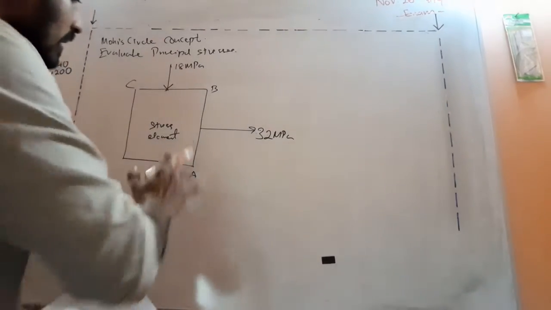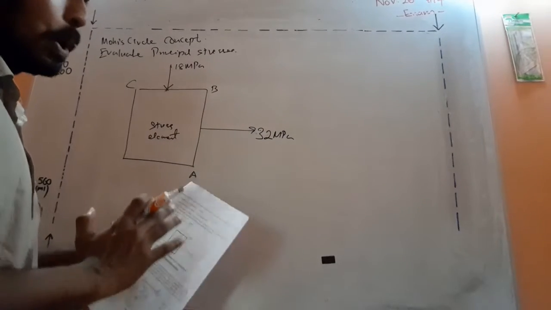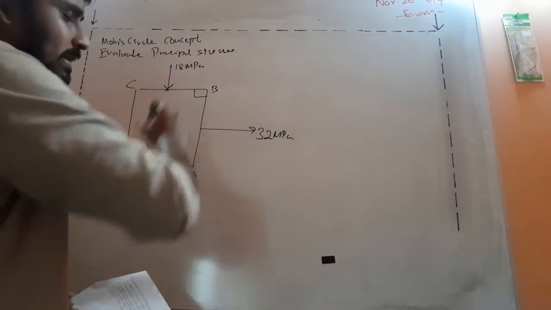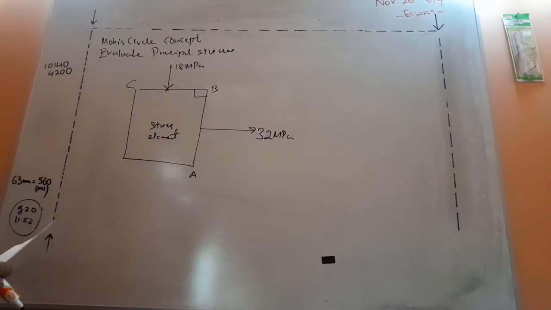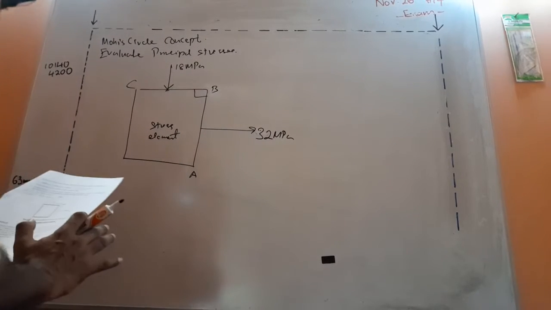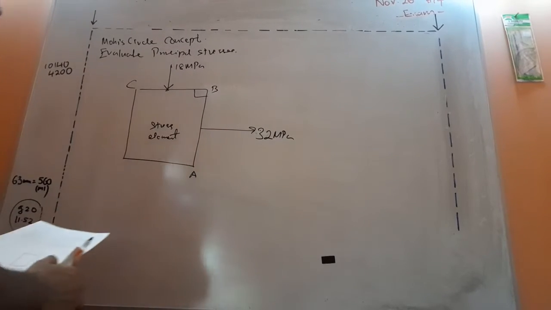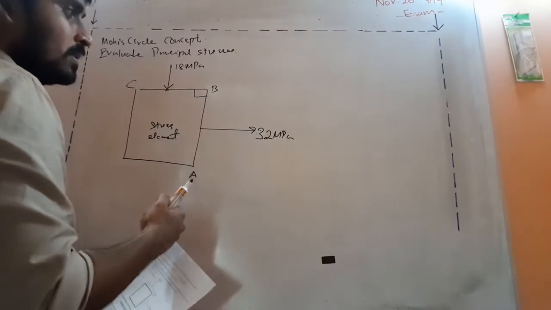Now if you consider these sides AB and BC, both are two mutually perpendicular surfaces, so this angle is 90 degrees. These are normal stresses, meaning a stress that is normal to the surface.